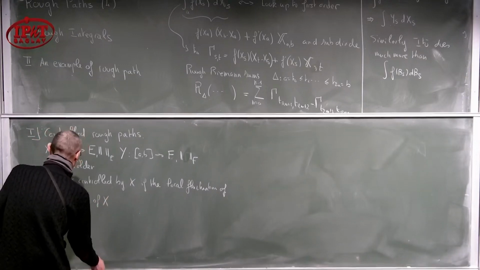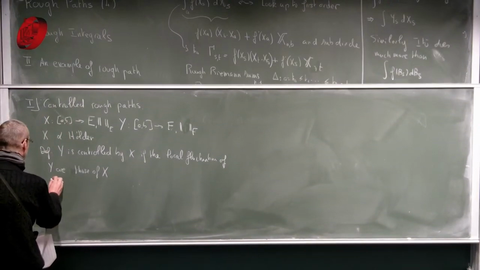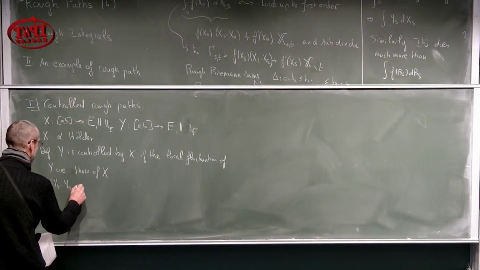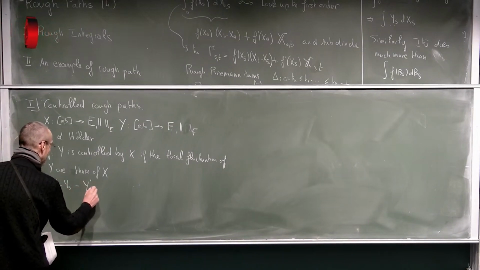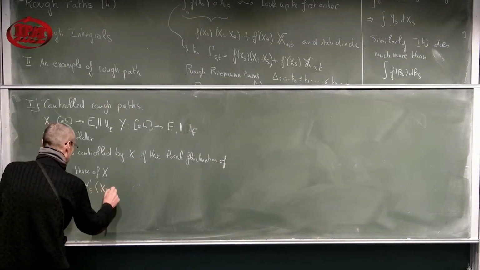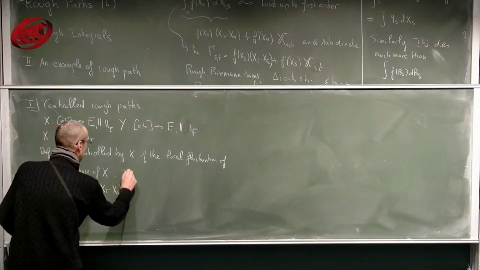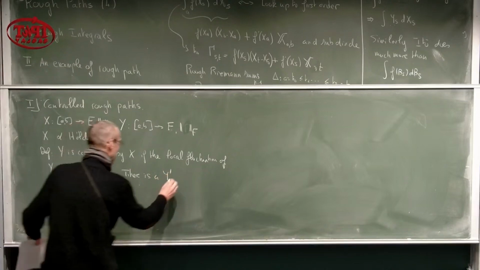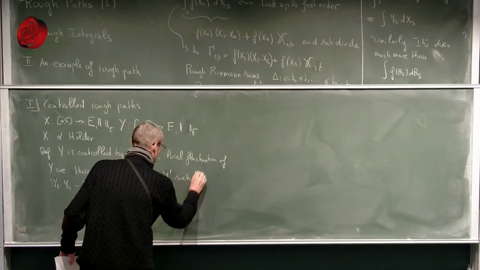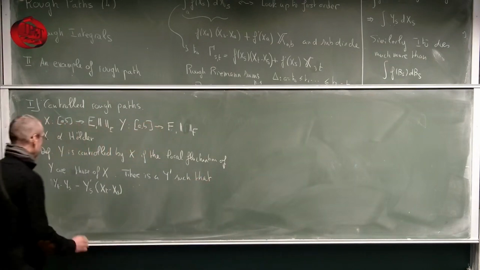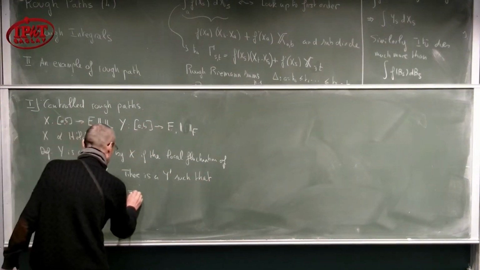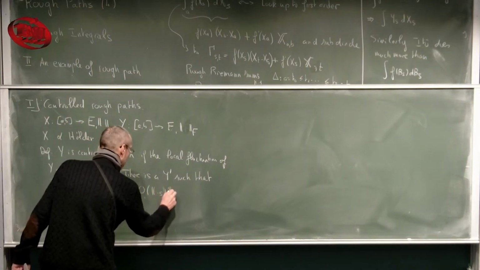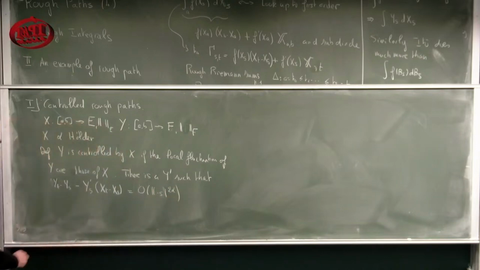And the precise definition is the following: you write y_t minus y_s minus something I call y prime_s times (x_t minus x_s). There is a y prime such that this here should be of order (t minus s) to the 2 alpha.